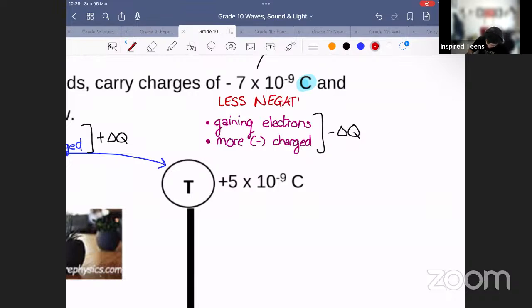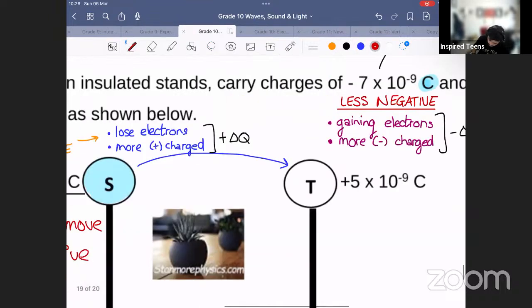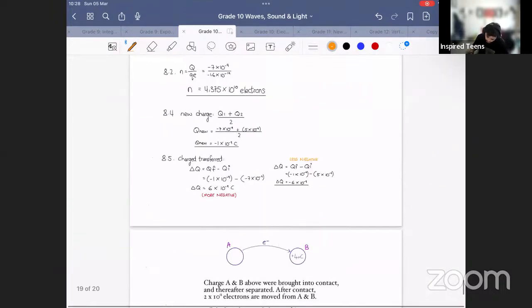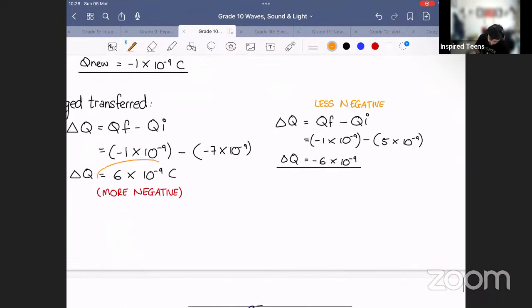So if you choose the less negative one as your initial, you're going to get a negative delta Q. If you choose the more negative one, you're going to get a positive delta Q. Okay, and it doesn't matter, you could use both. So again, I have +6 and I have -6.